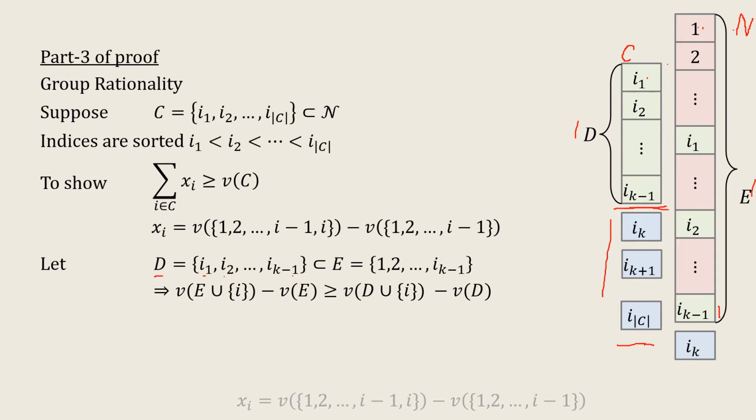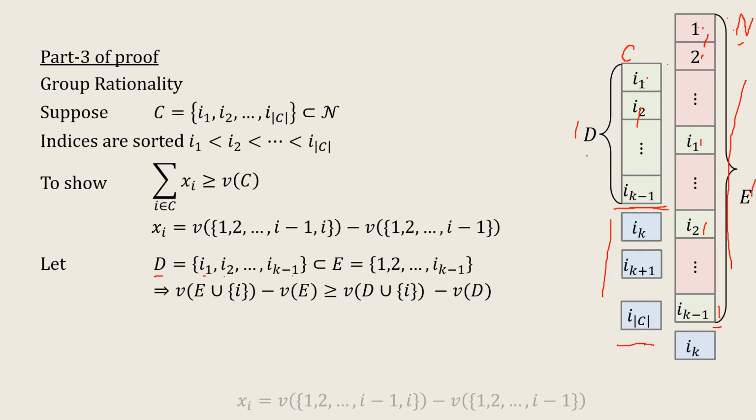The rest are not included in D. And in E, I have included not just I1, I2 until ik minus 1, but 1, 2, and I1, I2 until ik minus 1. These are all the agents in the grand coalition until ik minus 1.